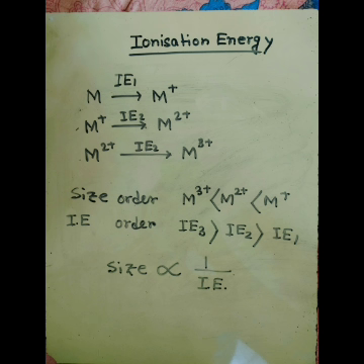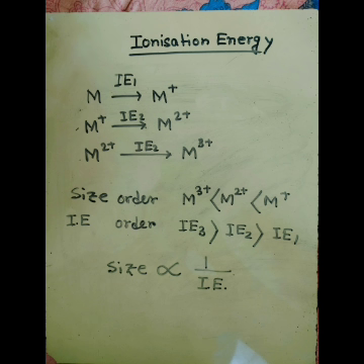Secondly, if we again remove an electron from this M+ cation, it becomes M2+, that is a divalent cation, and again you have to provide some amount of energy. This energy is known as second ionization energy. Similarly, if you want to remove one more electron from the divalent cation M2+, you again have to provide some energy, and this is known as third ionization energy.